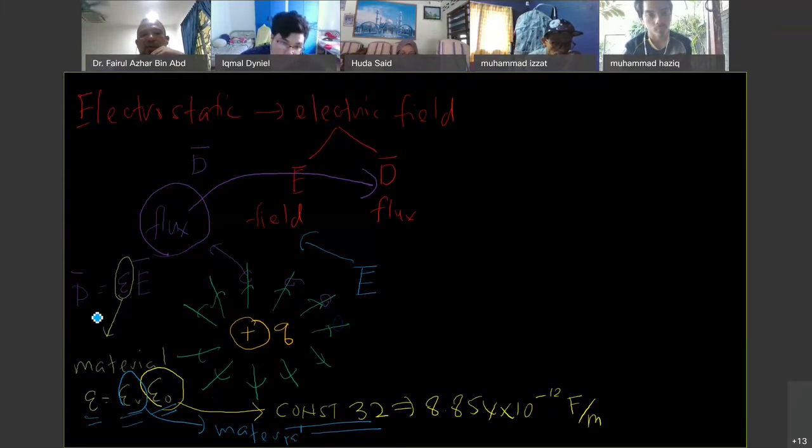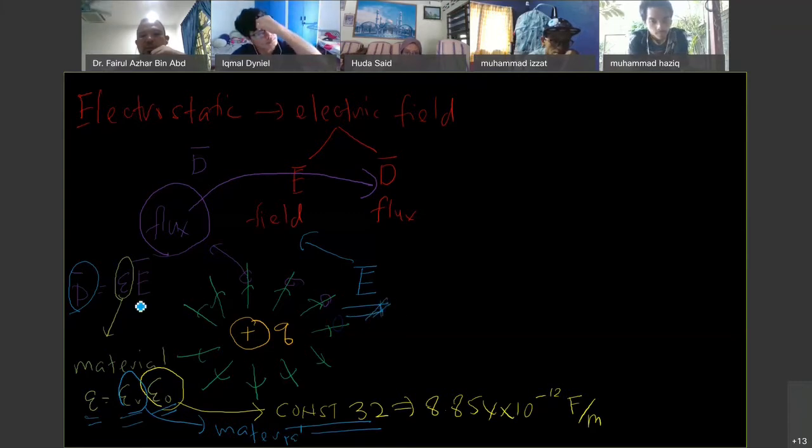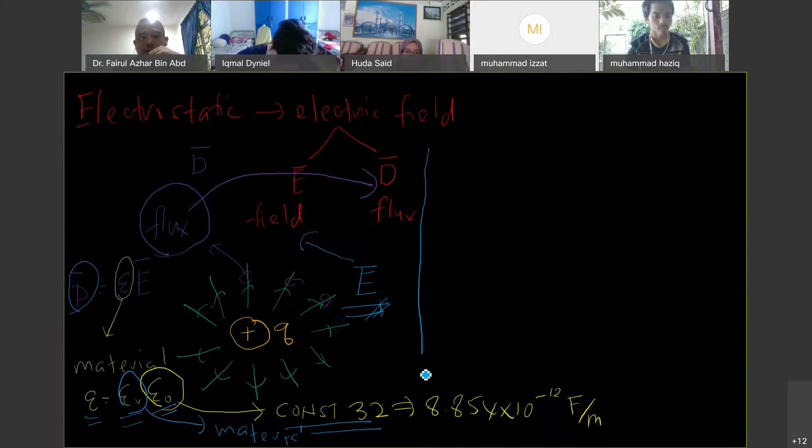Basically, we need to derive the expressions for D and E, because in the end we need to use both parameters to evaluate our circuit performance, not only our field performance. In the end of the day, we need to perform circuit analysis, as you learned in the early days.